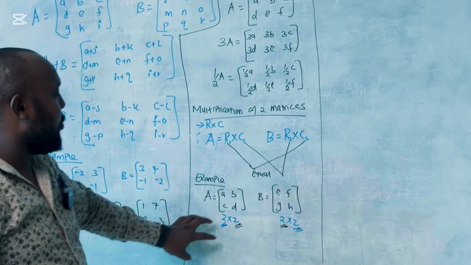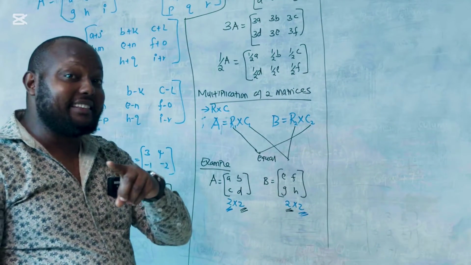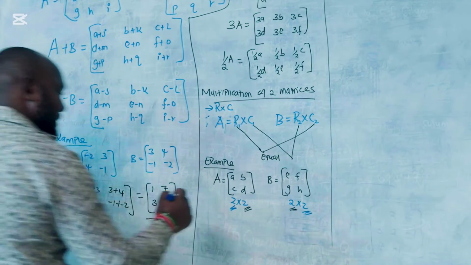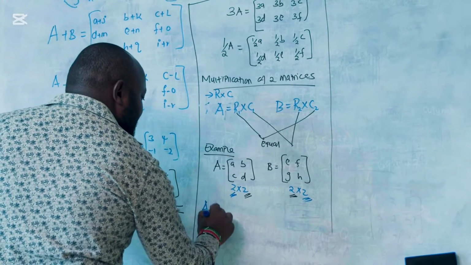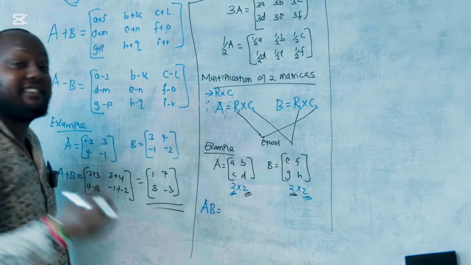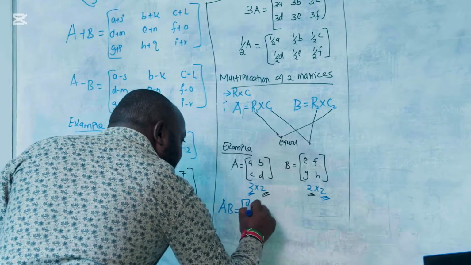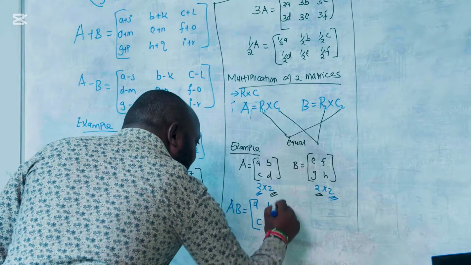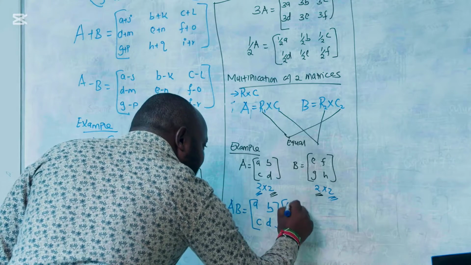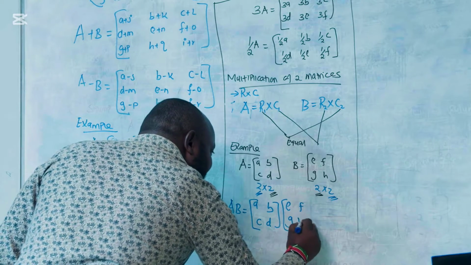So it means that we are able to multiply the 2 matrices. So what do we do with this one? If you want to get AB, I'll take AB, CD, and multiply with EF, GH.